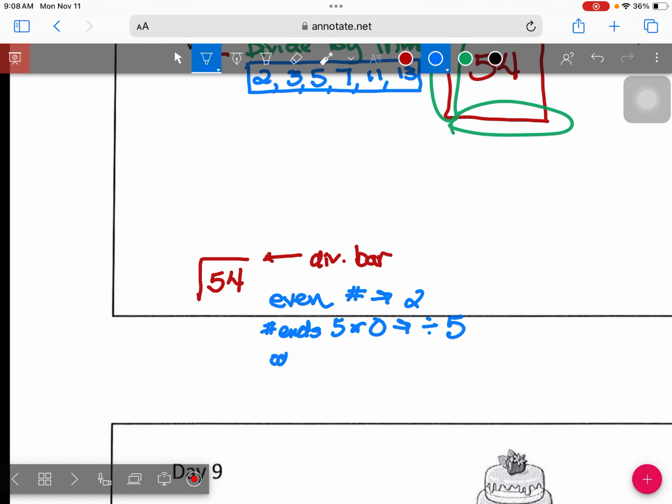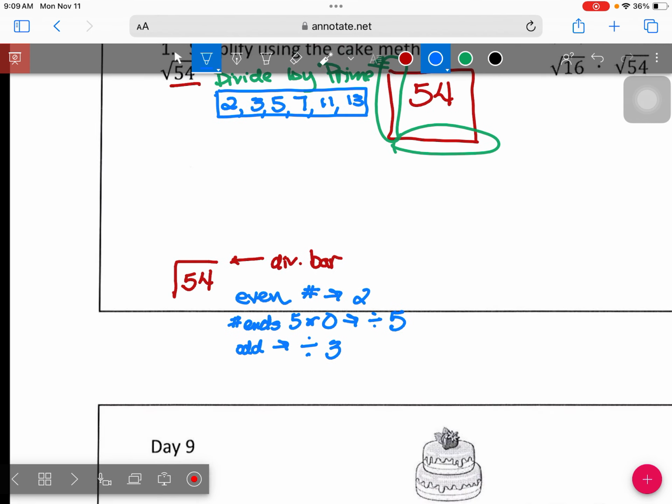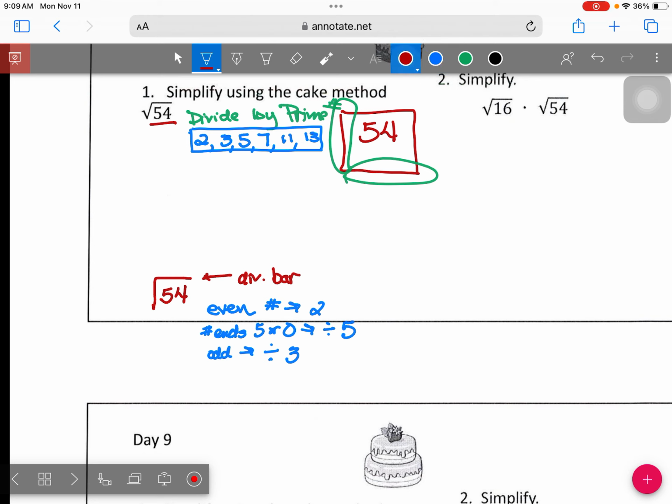If it's an odd number that doesn't end in a 5 or 0, then you want to divide by 3. And if it's a different number than those, then you can maybe try 7, 11, or something like that. And you'll see what I mean in a minute. But whatever is under the radical sign here, you put down as the bottom layer.